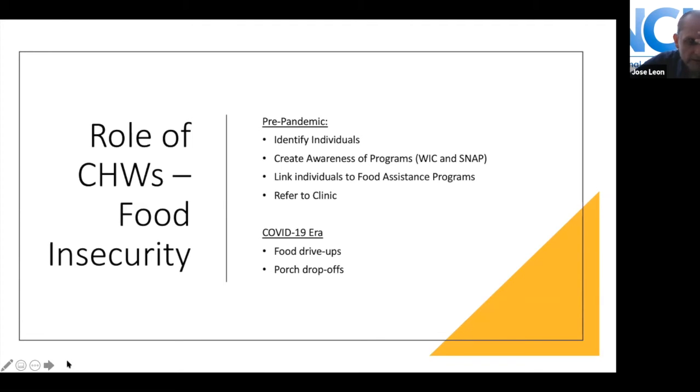So let's move on to the role of CHWs on food insecurity. In the pre-pandemic activities, this still applies, but there have been some changes and some best practices, and we've been able to adapt to some other needs during the pandemic.